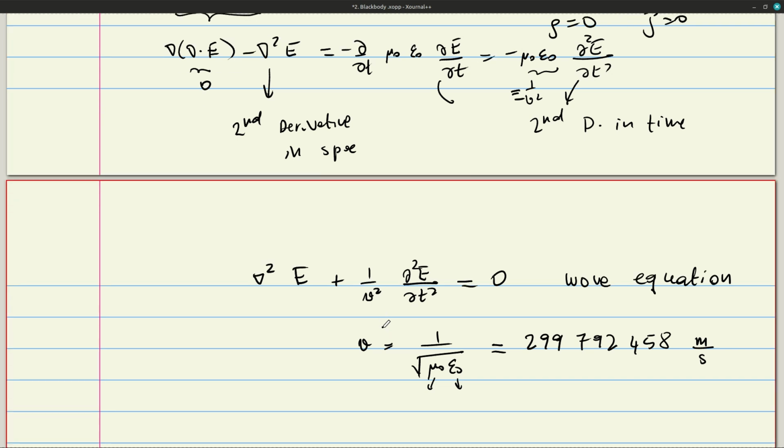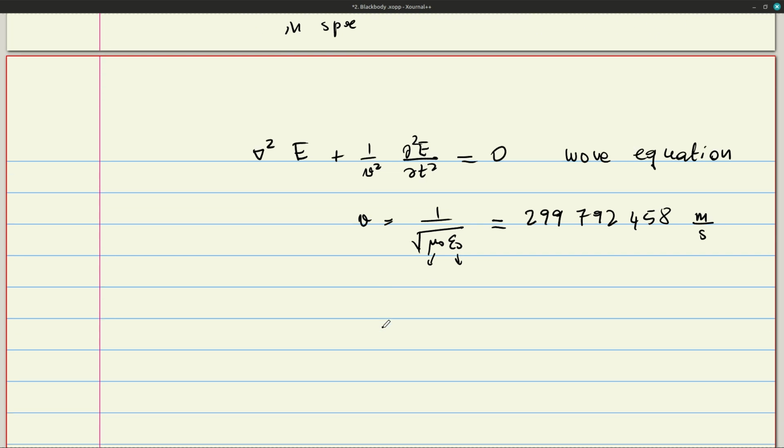Okay, this result was also first suggested by Maxwell. And he said maybe there is some kind of wave of electromagnetic radiation.